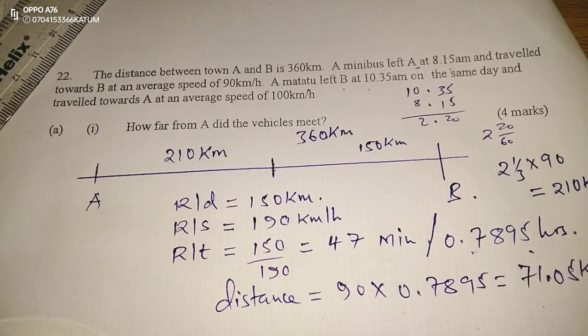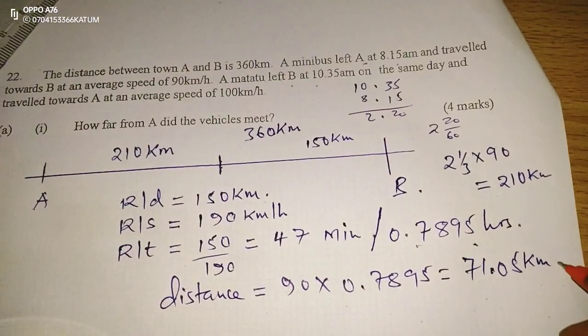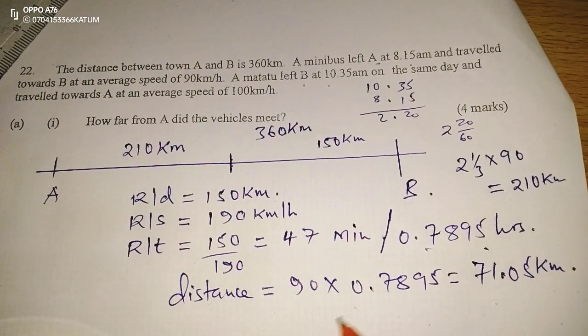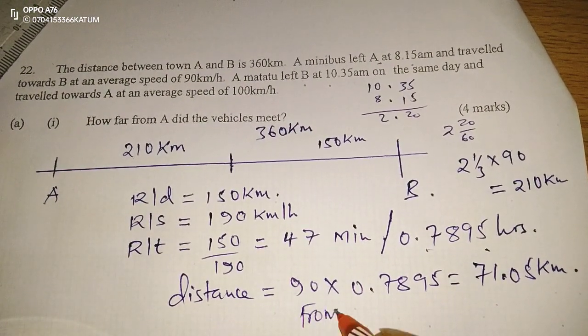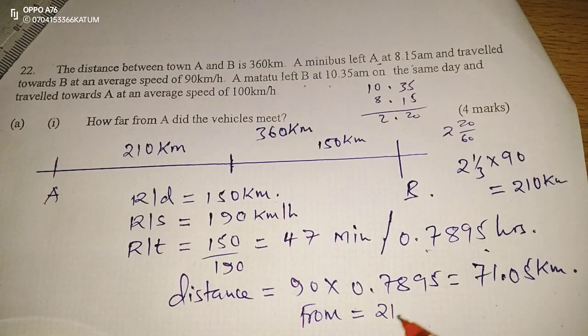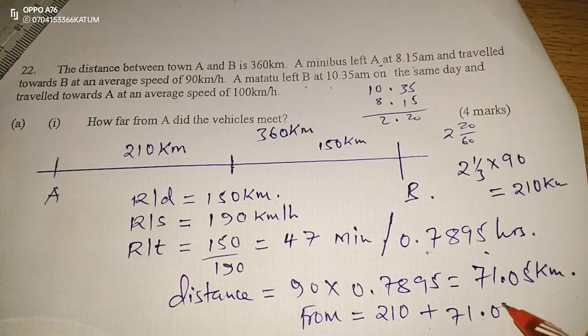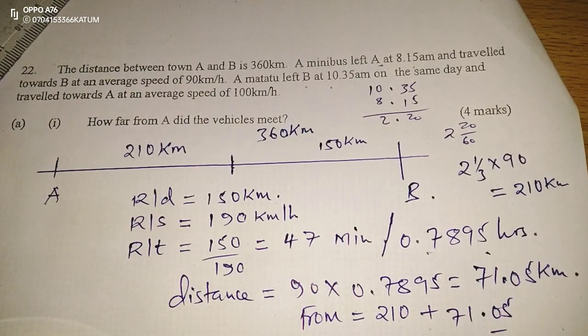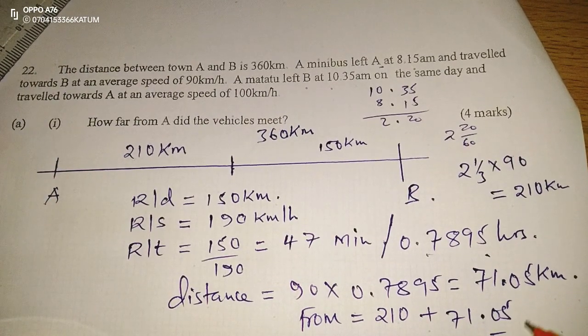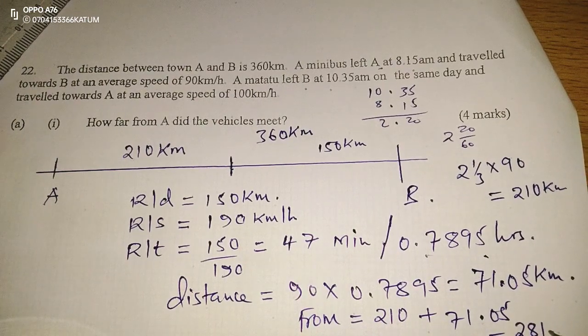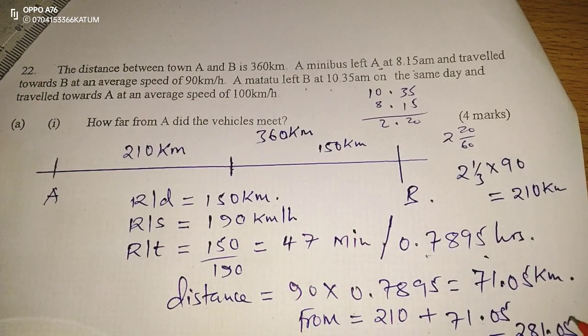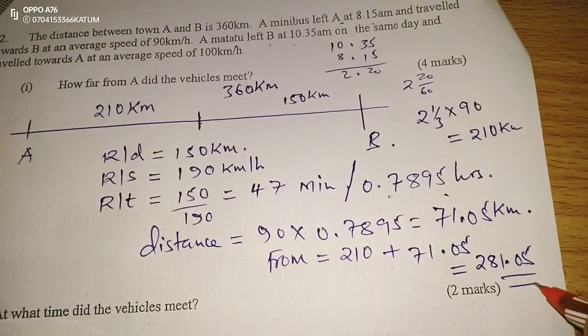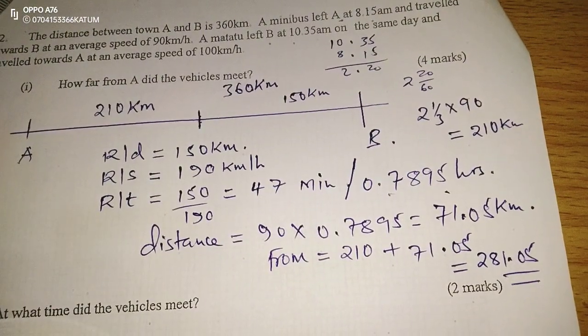And remember, it is from A, and it had already covered 210. So from A, the total distance to where they are meeting is the initial 210 plus 71.05. When we add, we get 281.05 kilometers. This is the distance from A to where they shall be meeting.